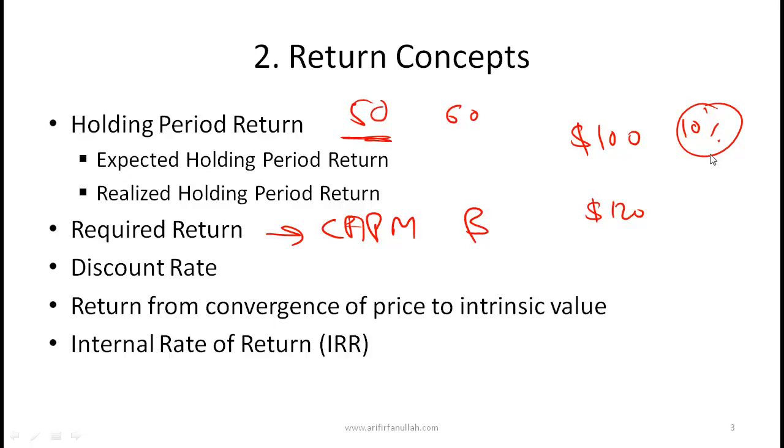One source of return is that regular 10% that you would get based on the level of riskiness, and the other is based on the convergence from 100 to 120. Once the rest of the investment community realizes that the stock is undervalued, what will happen to the stock price? That will then go up. So that's one source of return. The other source is this regular 10%. And what's IRR? That's your internal rate of return that I'll again remind you of shortly.